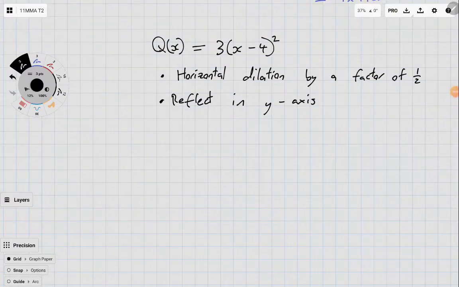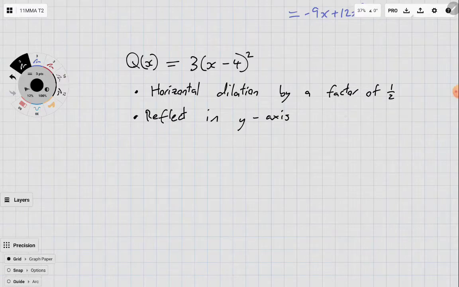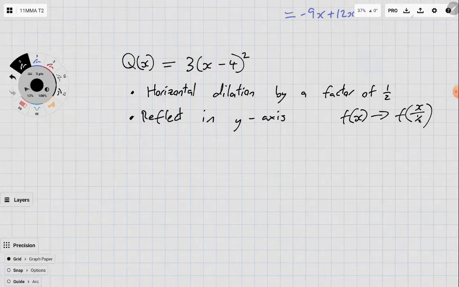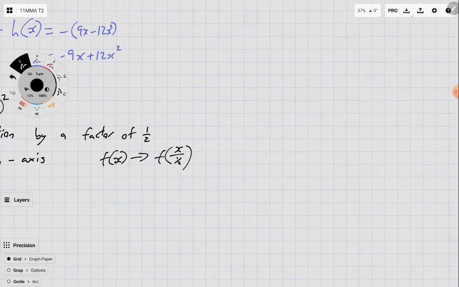Alrighty, so let's just remember ourselves what a horizontal dilation looks like. It's f of x becomes f of x on whatever the factor is, in this case a half, so it's f of x on a half. Now, you might need to have a think about this, but if I take x and I divide it by a half, there's a better way of writing this.